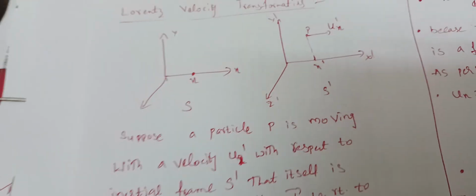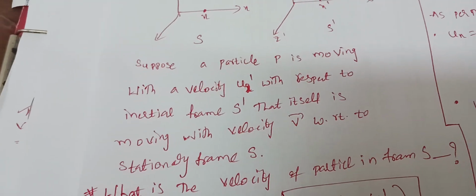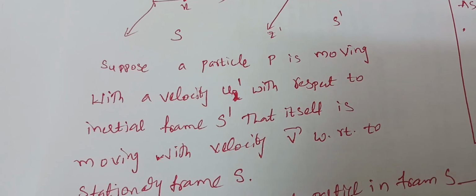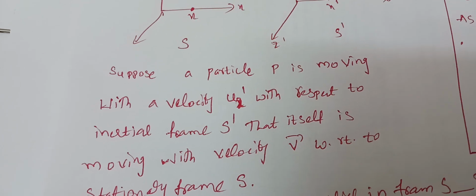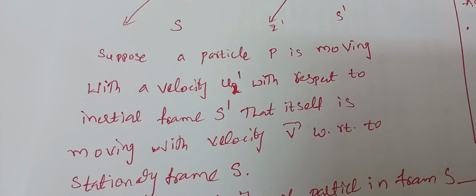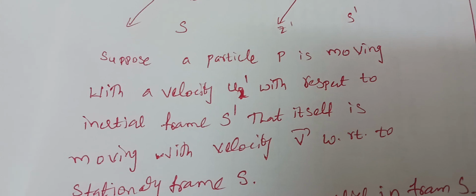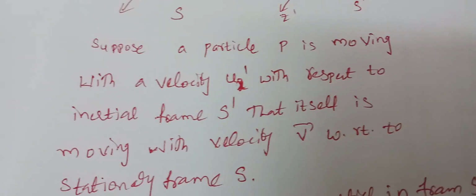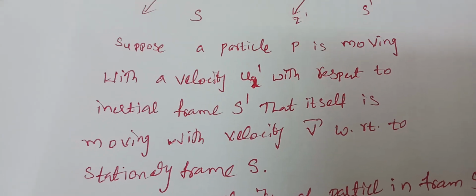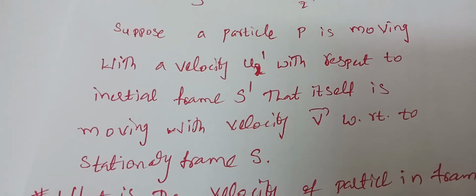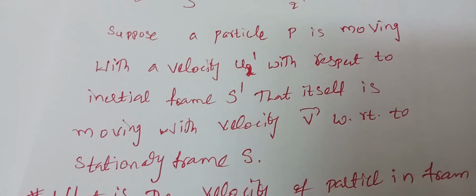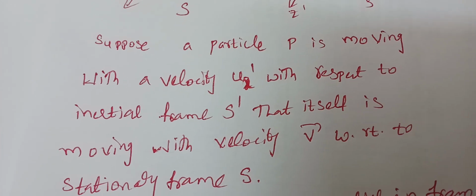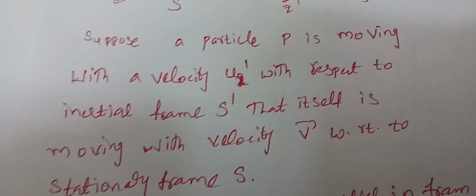For example, the particle P is moving with velocity ux dash with respect to the inertial frame S dash, but that frame itself is moving with velocity v with respect to the stationary frame S. For example, a ball is moving in a train with the train's frame of reference, and we want its velocity with respect to the observer on the platform.